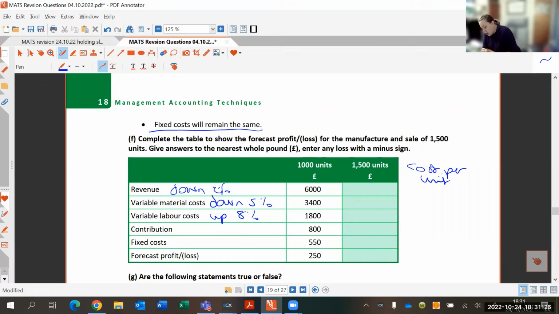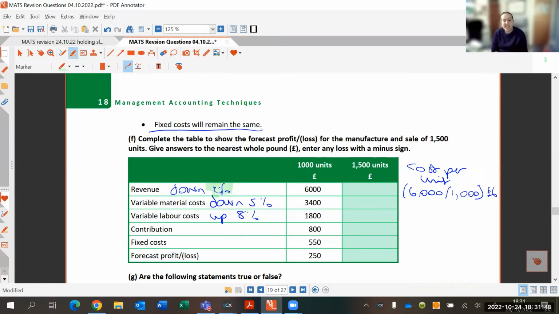There we go. So if we do 6,000 divided by the 1,000 units that we originally had, at 1,000 units our sales price is going to be £6 per unit. However, we've got to factor in that the cost is going to go down.